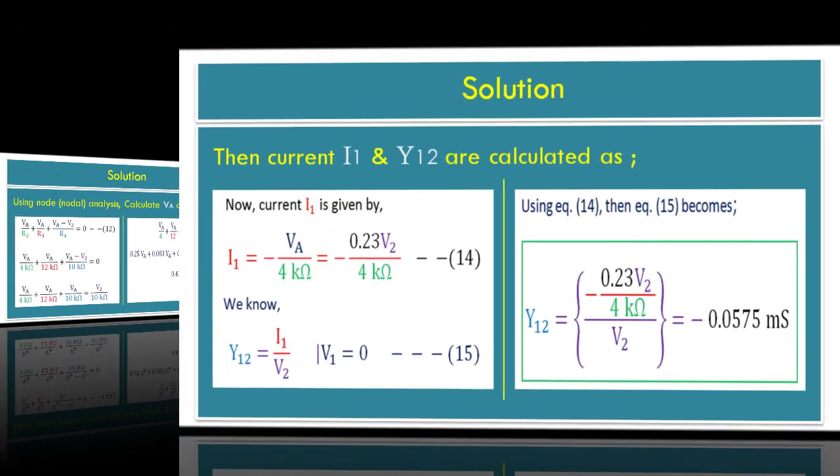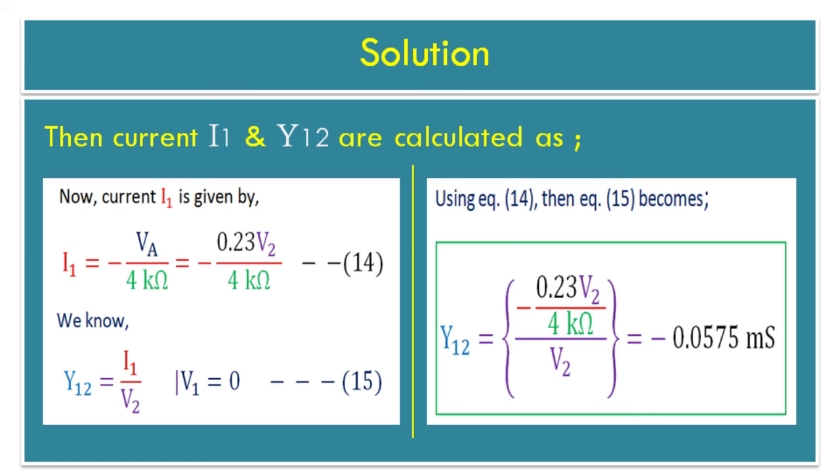Using value of voltage VA, we are now finding current I1 and Y12 as current I1 is equal to minus voltage VA upon 4 kilo ohm. After substituting value of VA, we get current I1 is equal to minus 0.23 into voltage V2 divided by 4 kilo ohm, which is given by equation 14.